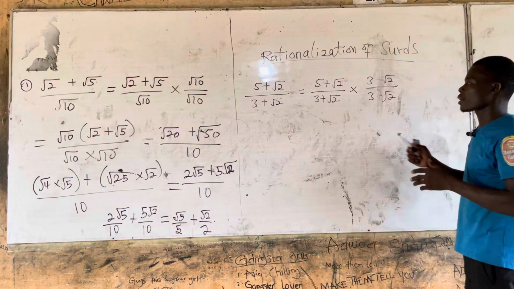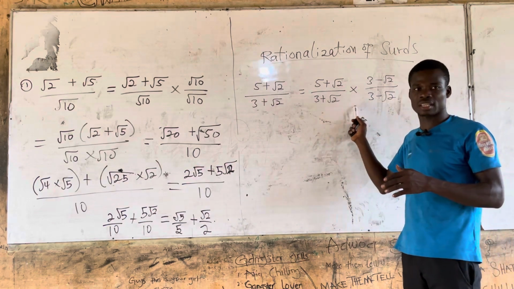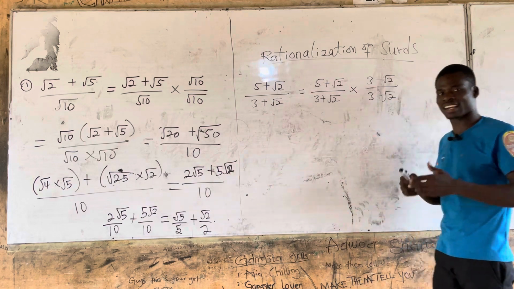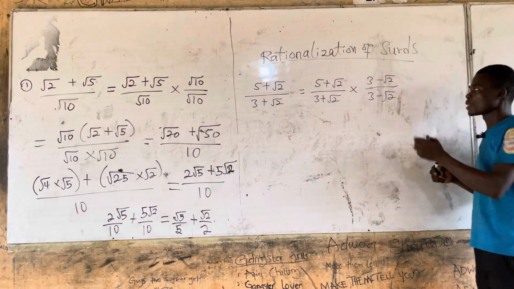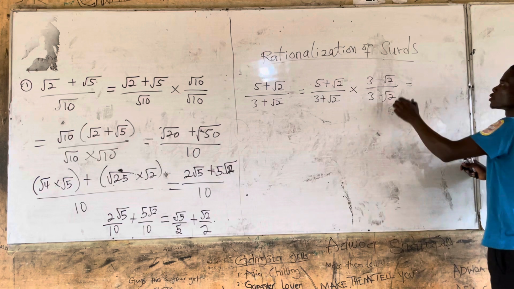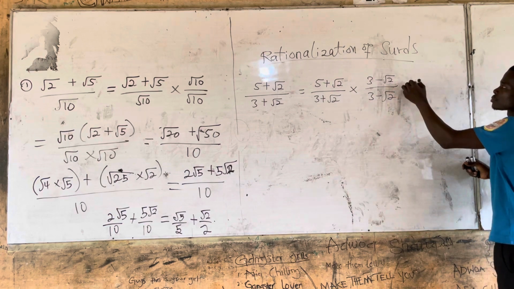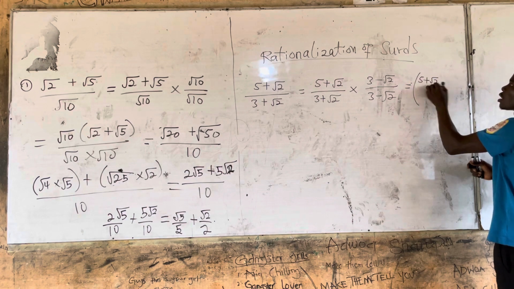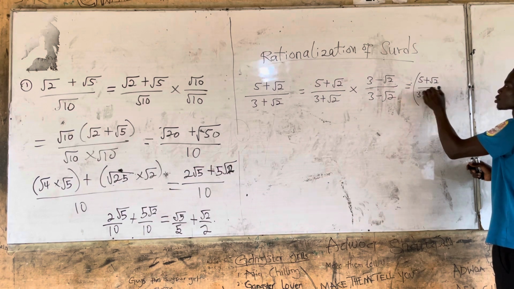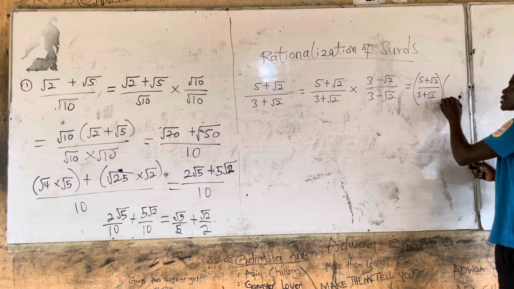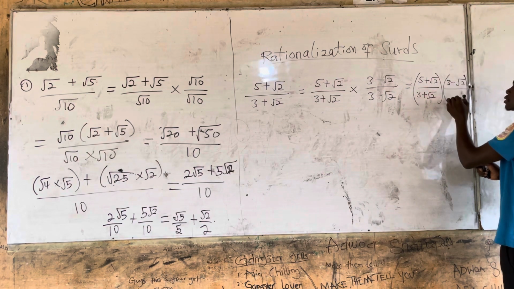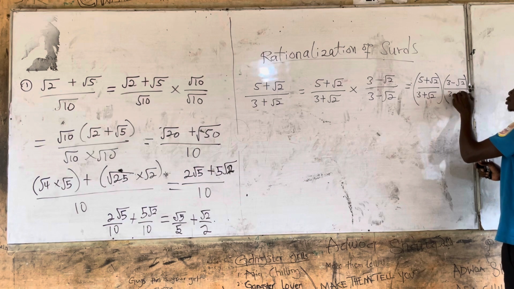So that when the set multiplies its conjugate, we get a constant, or whole number, or a rational number and get rid of the square root. So now let's move on. So we are going to have 5 plus root 2 all over 3 plus root 2 times 3 minus root 2 over 3 minus root 2.